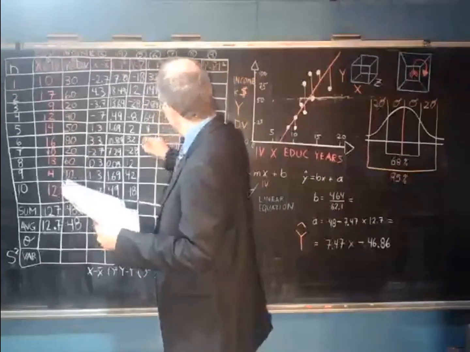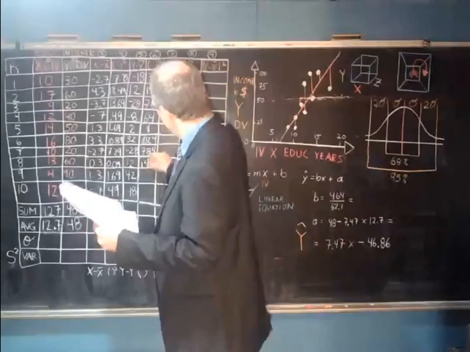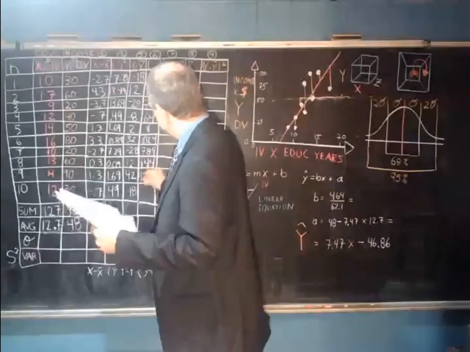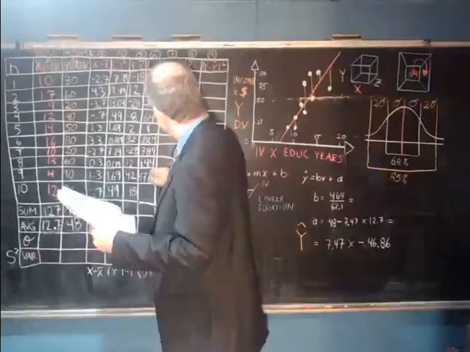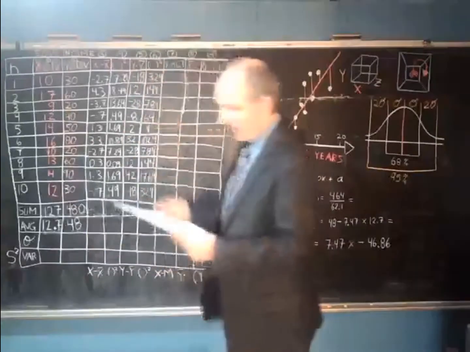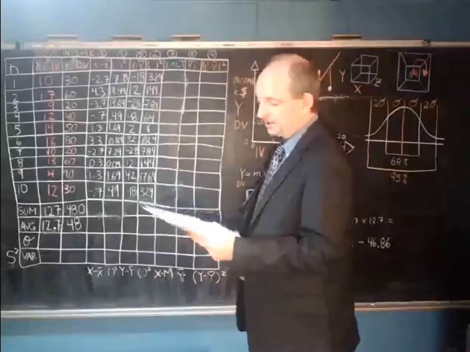Minus 28, we already calculated that, is 784. 12 is 144. 42 squared is a big number, 1764. And of course we have minus 18, which we already calculated as 324. So, a lot of numbers, fairly simple procedure. So that concludes serial number 9.